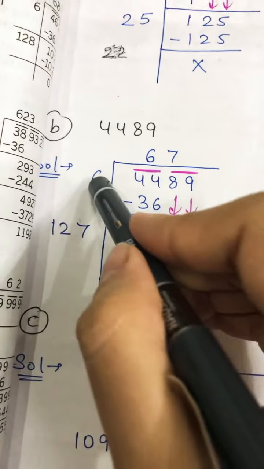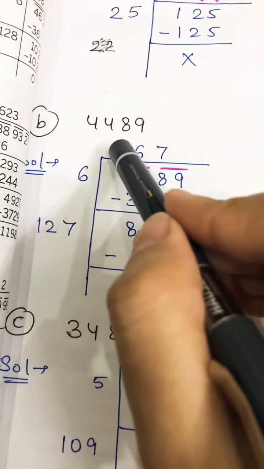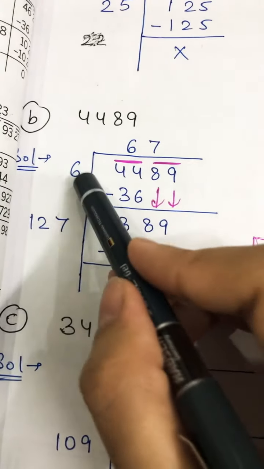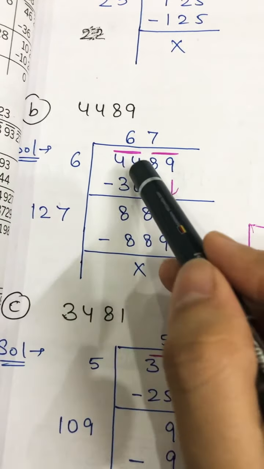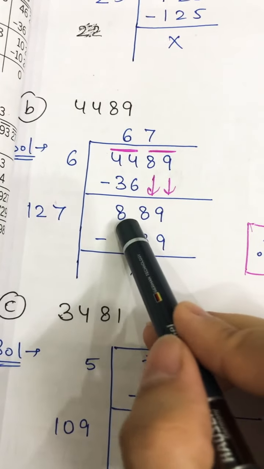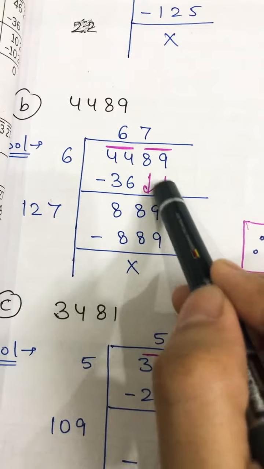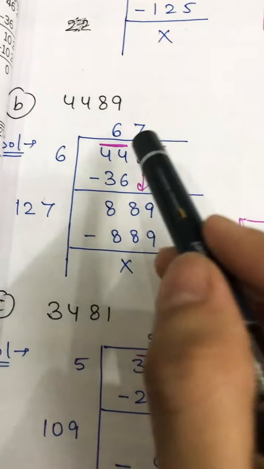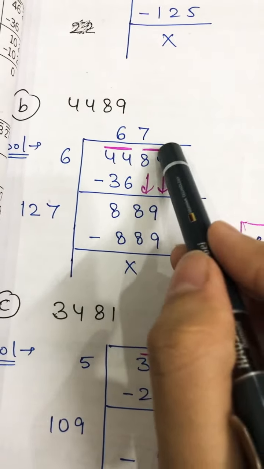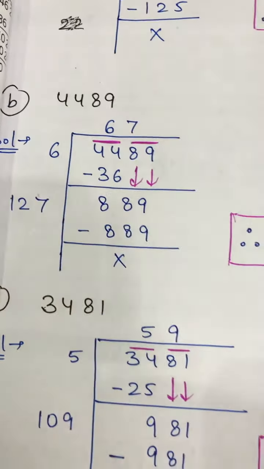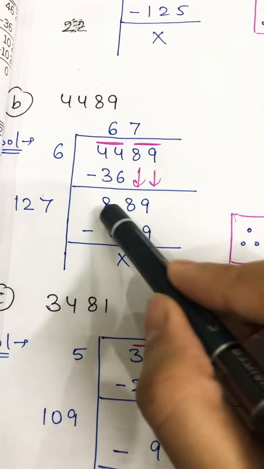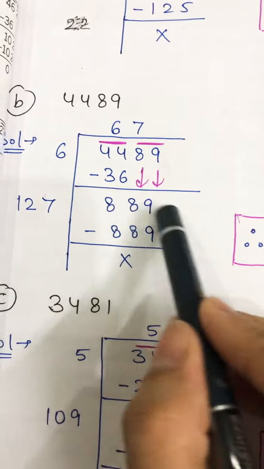Whatever digits I place this side, the same digits I have to place this side. 6 sixes are 36. 44 minus 36 is 8. Now I have to take two digits directly. This is the purpose of placing a bar. Now take out 8 and 9. Now my question is 889.